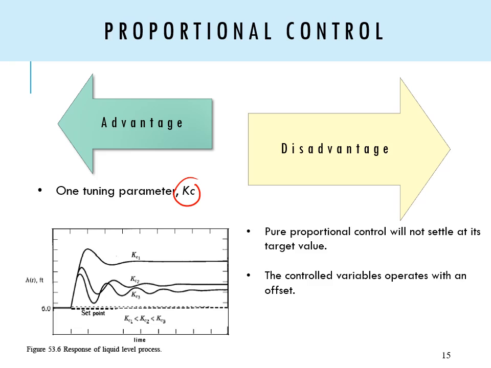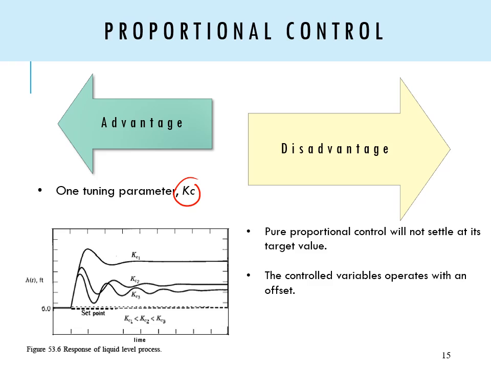As compared to the other types of feedback controller, for the disadvantages, proportional control will not settle at its target value, but we retain a steady state error that is a function of the proportional gain and the process gain.